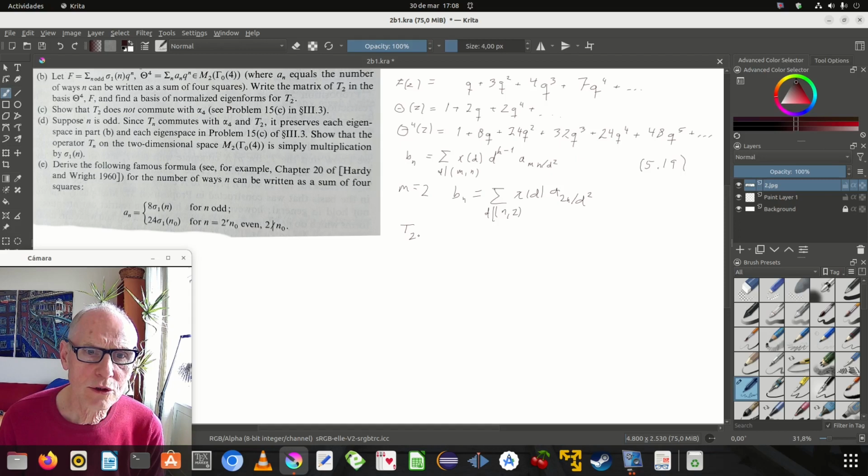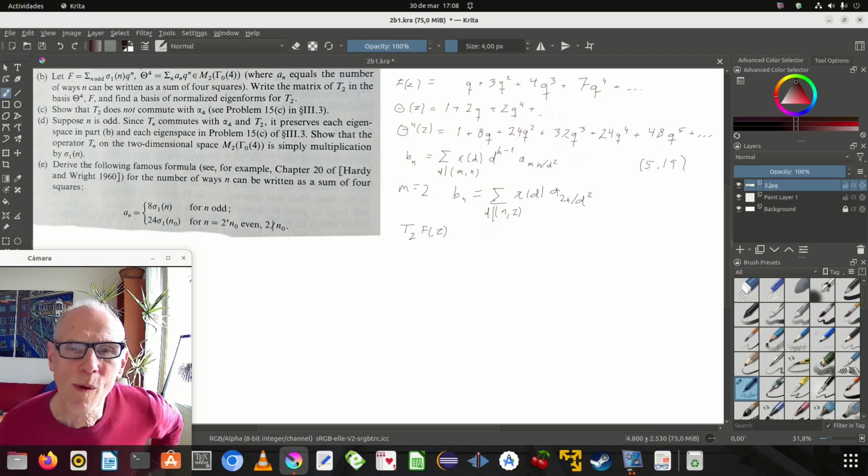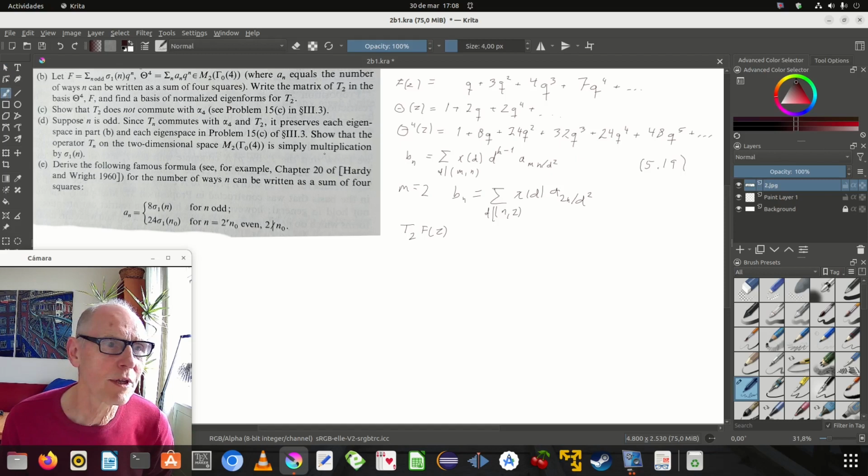So T2 of f of z, n is naught. I actually never really checked what to do when n was naught. So I think there's no one there, because it's a cusp form, or rather it gives naught at infinity, so there can't be one there.